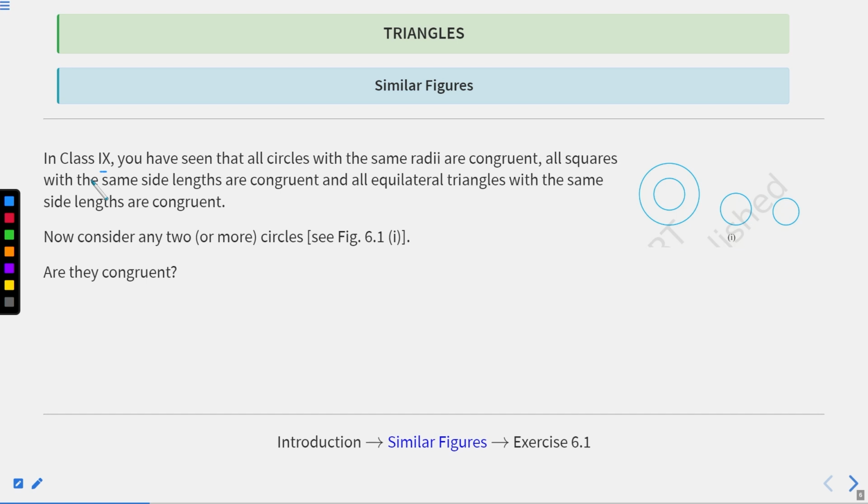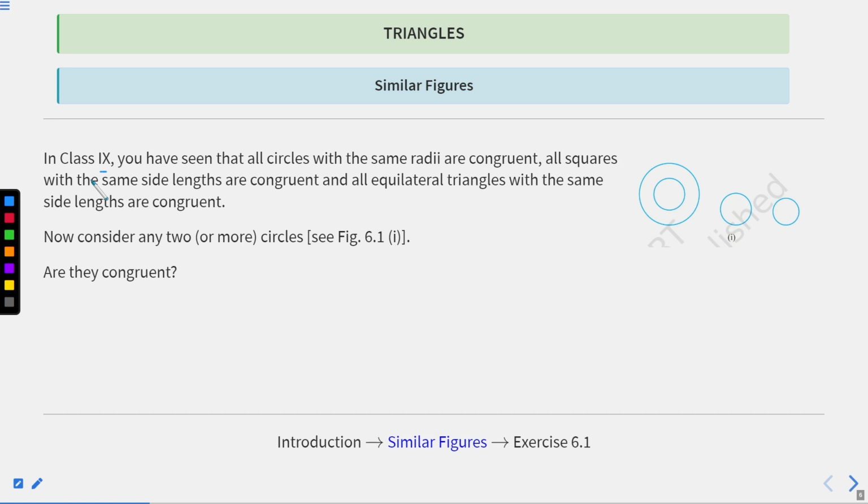Also, all squares with the same side lengths are congruent, and equilateral triangles with the same side lengths are also congruent.